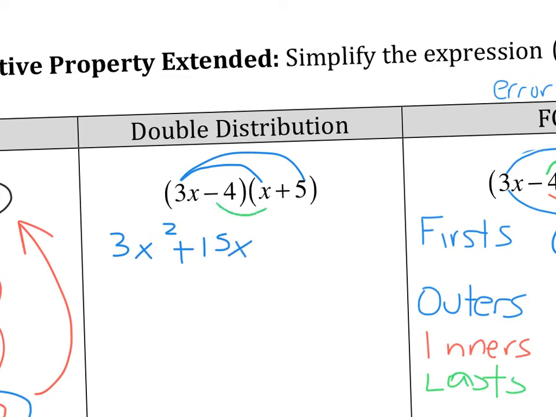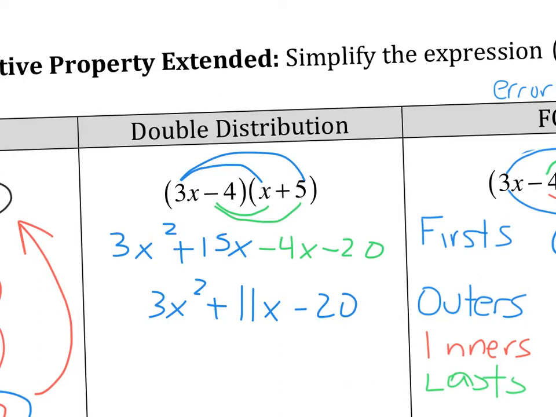And now the negative 4 goes to both of those. And then we just combine like terms and simplify. 11x minus 20. Again, every single one of these methods gives you the exact same result, and it's all about you choosing your path.